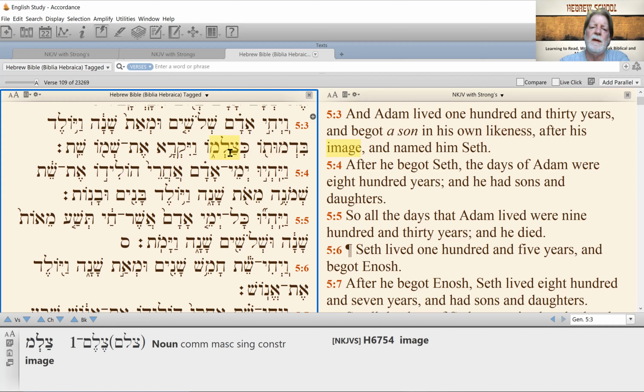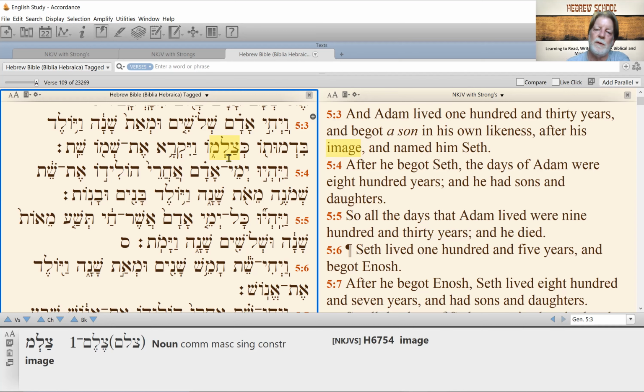It's not like a character similarity. It's not having similar features. It means that when God created Adam in his image, it means that Adam looked like God. He had the visual image of God.